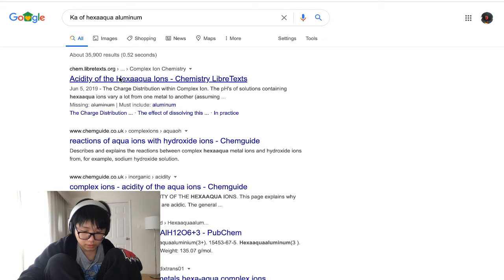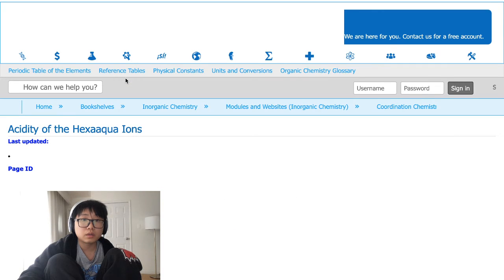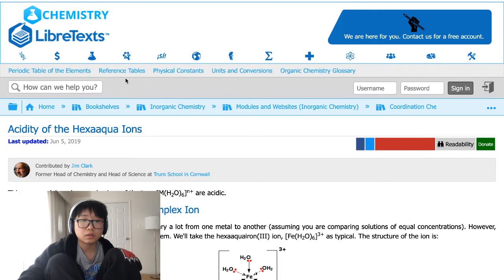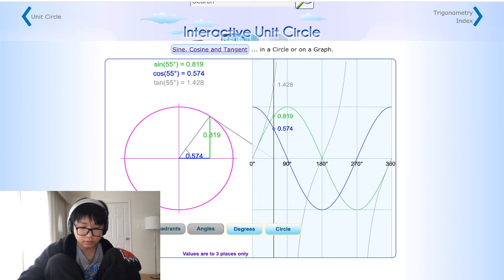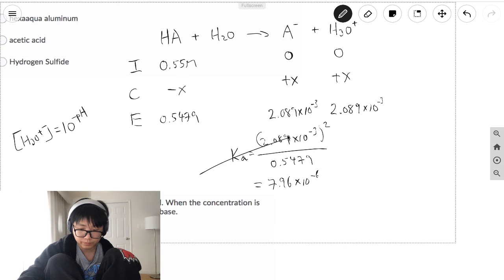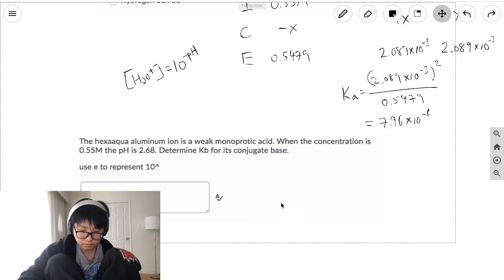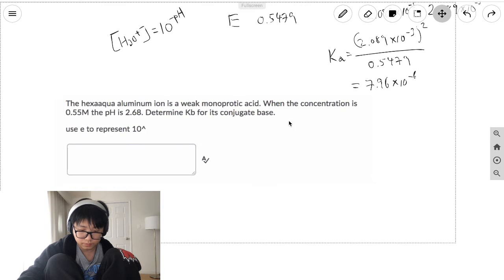Yeah, I think that looks good. Yeah, hexa aqua aluminum. Yep, no problem. And I copied that down onto Ziteboard as well. Oh, there it is. A hexa.